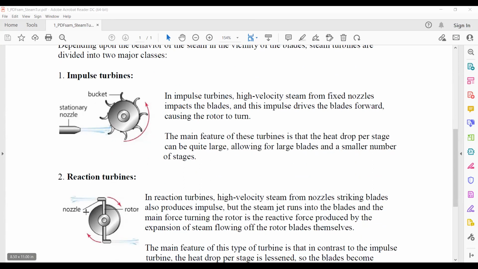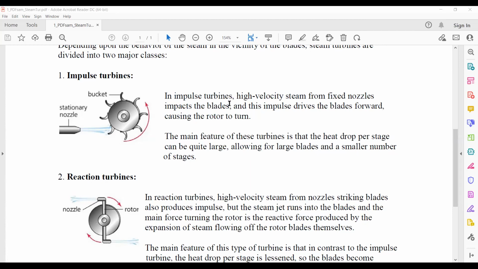But in case of the reaction turbine, the nozzle is attached to the rotating shaft of the turbine, and as the shaft rotates, the nozzle also rotates along with it. So this is the main difference between the impulse and reaction turbine.